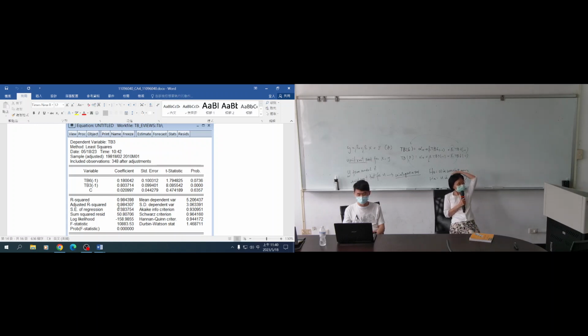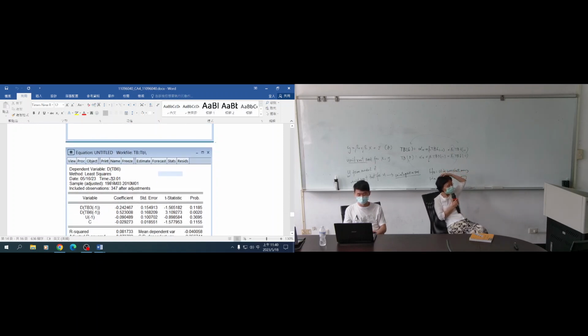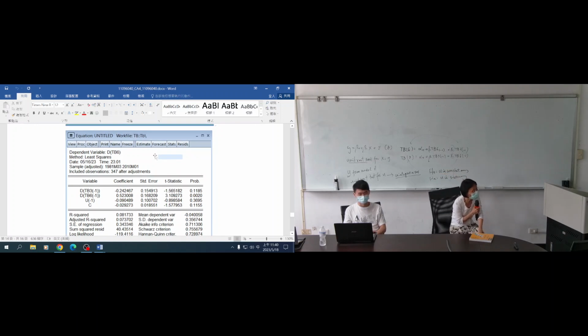Sounds interesting, right? At first I was using the short run, but the professor said it should be the long run. So at the short run, it is. But in the short run, if we see the TB3 here, it is also.